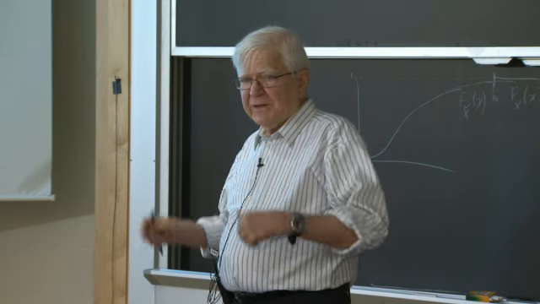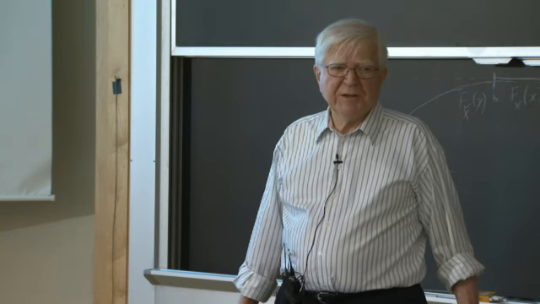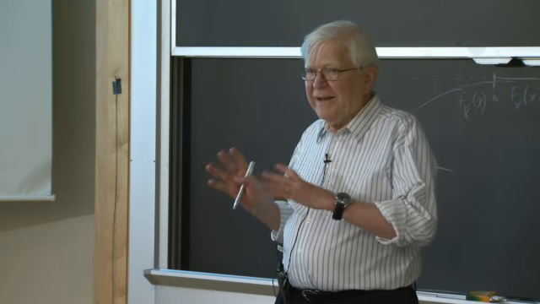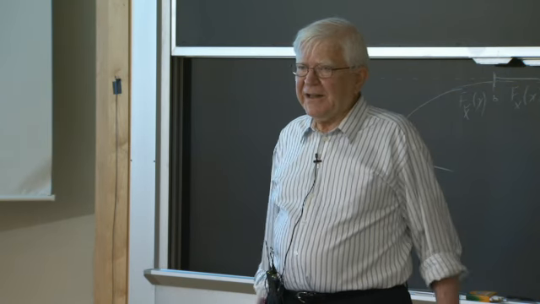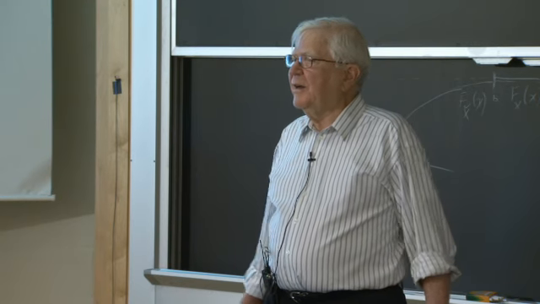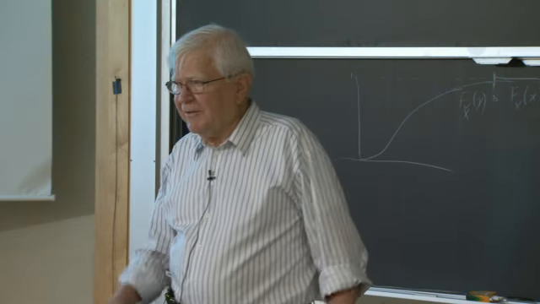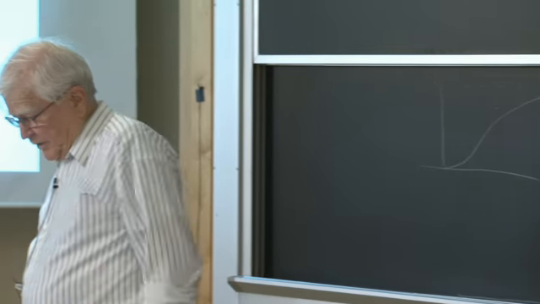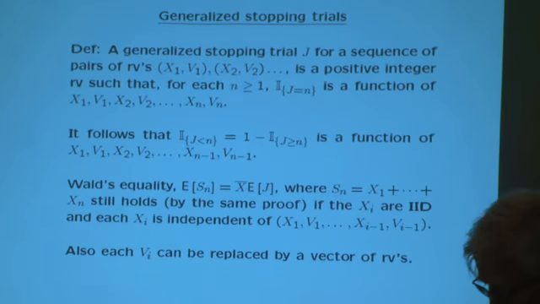And that lets you prove the theorem immediately. It doesn't give you any clue at all as to when that holds, so that in fact you're taking Wald's equality and making it essentially a truism, and you're avoiding the real problem, which is to know when you have a stopping rule and when you don't have a stopping rule. But anyway, we can generalize it in this way.